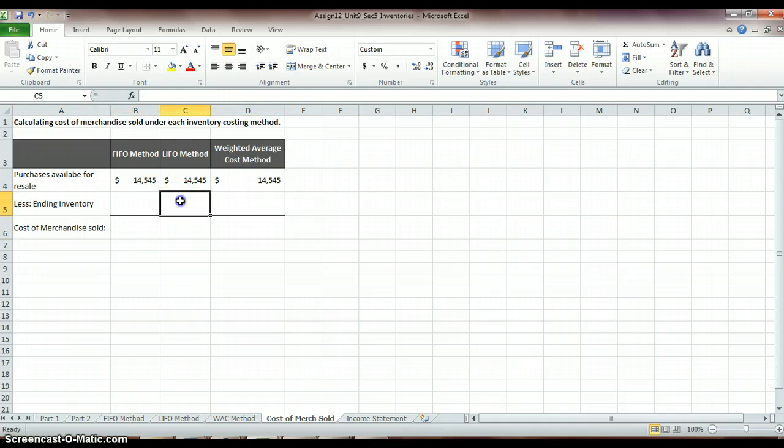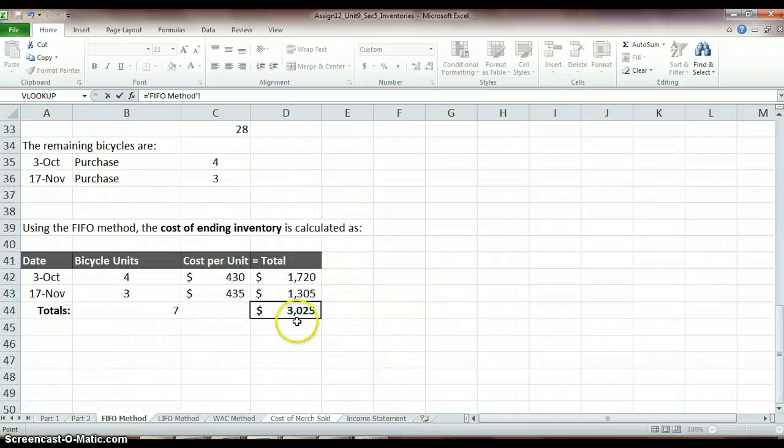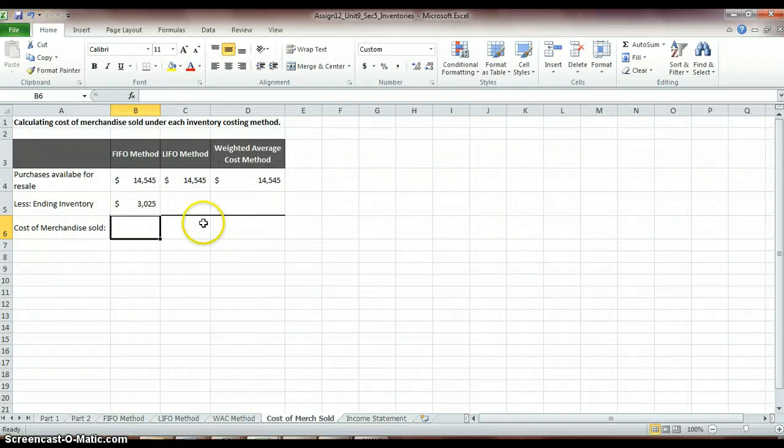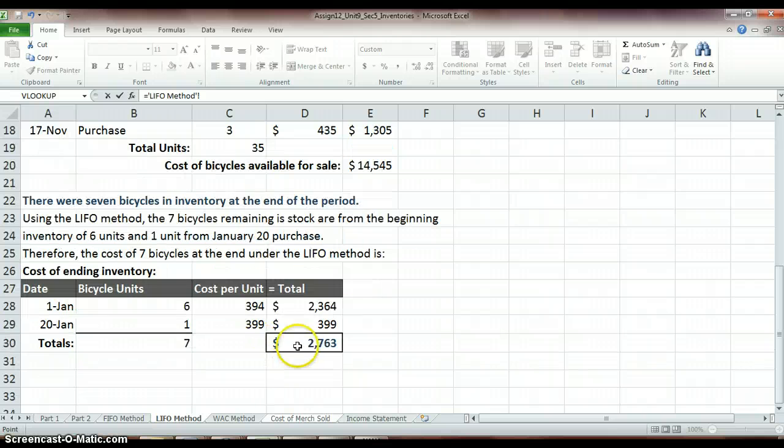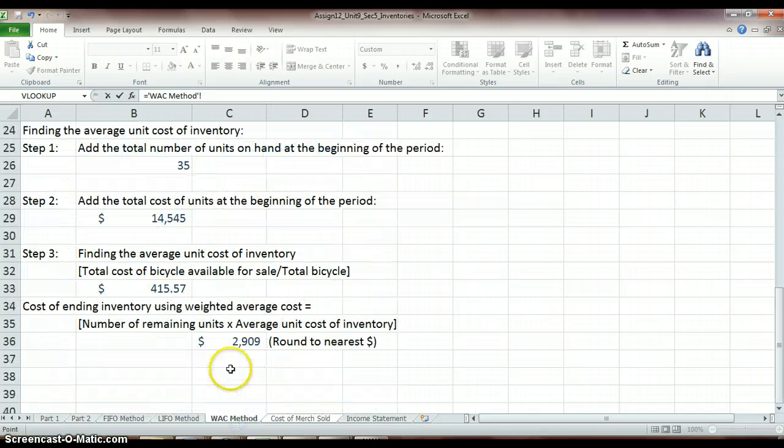That number is going to be different for each one of these because we found each of them separately in each method. So this amount is going to equal the amount that we found in our FIFO method. Then this amount is going to equal what we found with our LIFO method. And finally, our weighted average cost method.